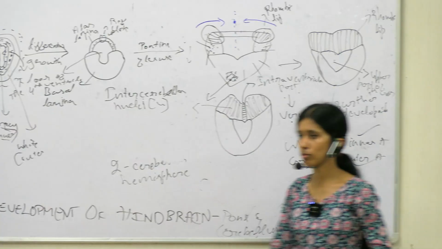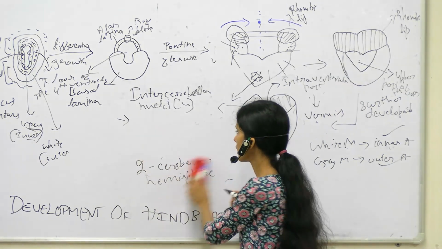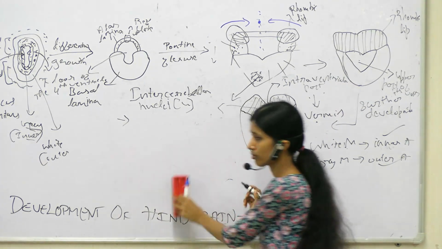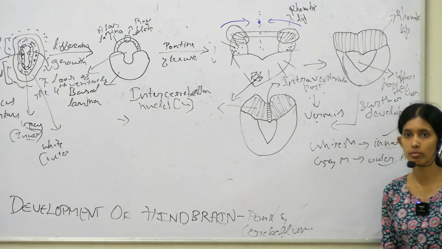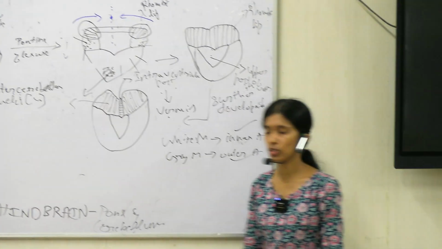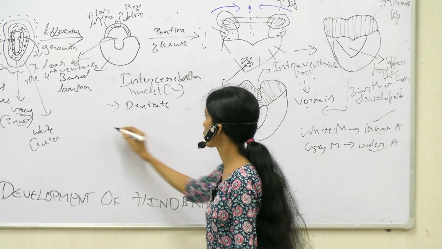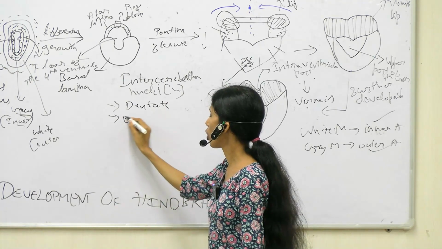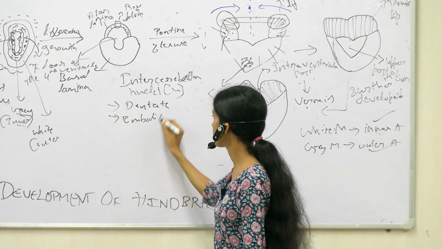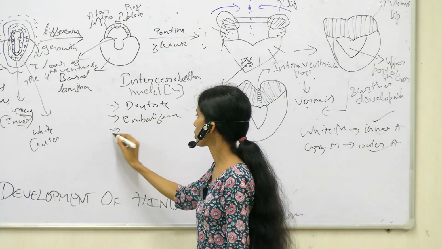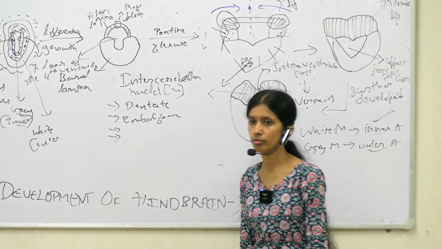What are those? What are the intracerebellar nuclei? Can you name them? It is your dentate nucleus, then emboliform nucleus. What about the other two?